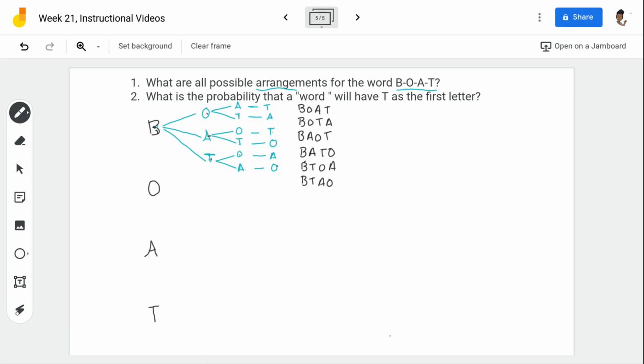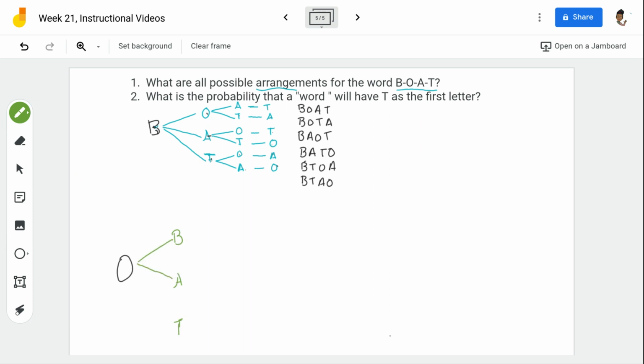Okay, and I see already I'm going to have to rearrange how I'm doing things. So I'm going to move that O further down. If I begin my word with an O, then what other letters are left? Well, we have a B, we've already used the O, and an A and a T. Okay?